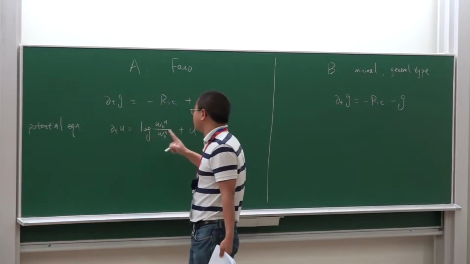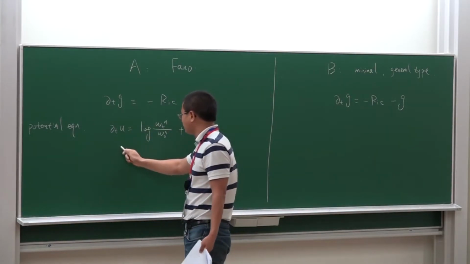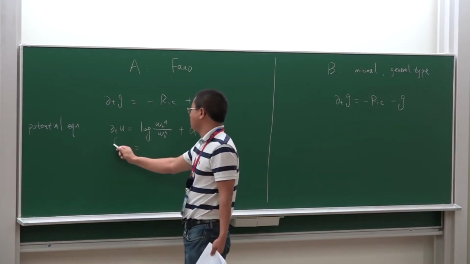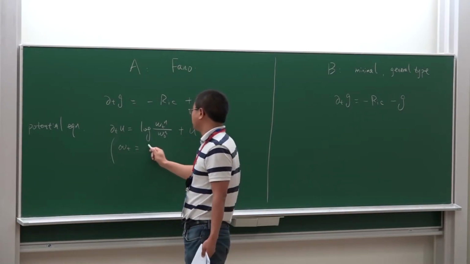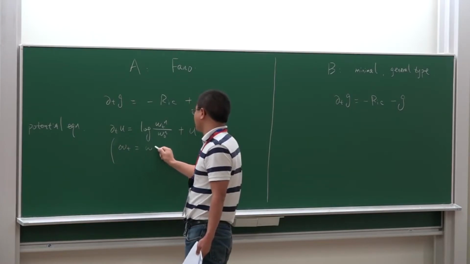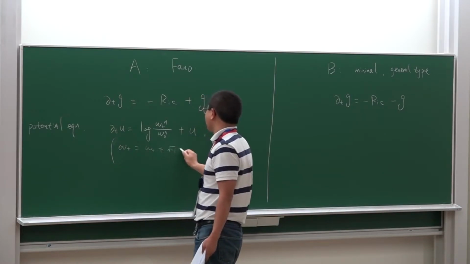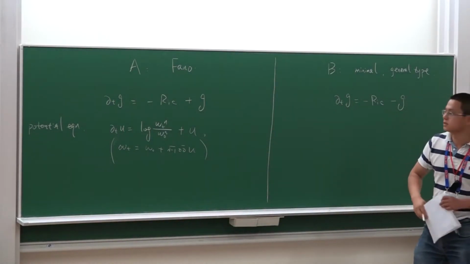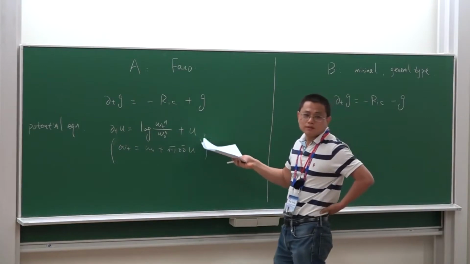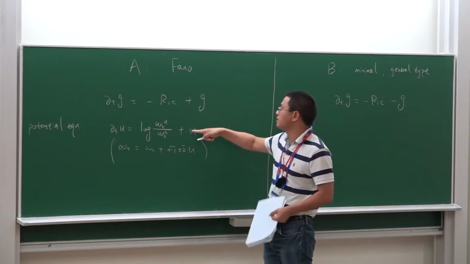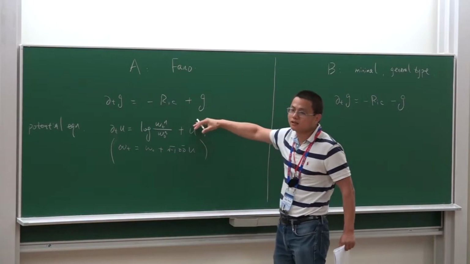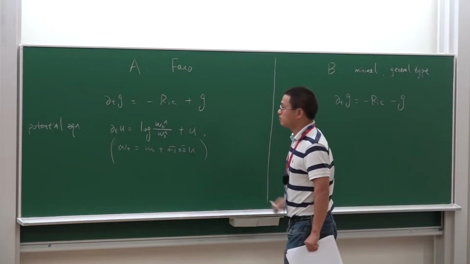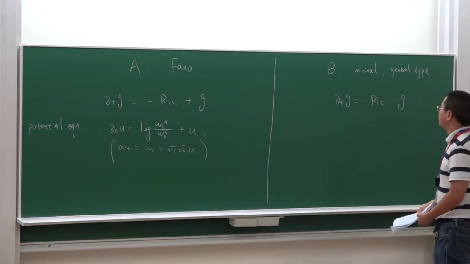Sorry, u dot is the Ricci potential, so u should be the potential function. In this case, the flow runs in the same class. It's only determined by a potential function. This can be adjusted by a constant, so I do not put the normalization condition here.